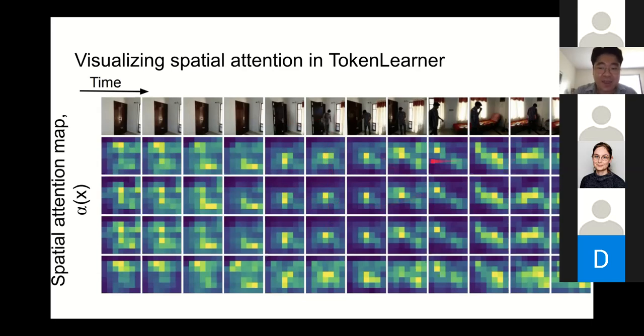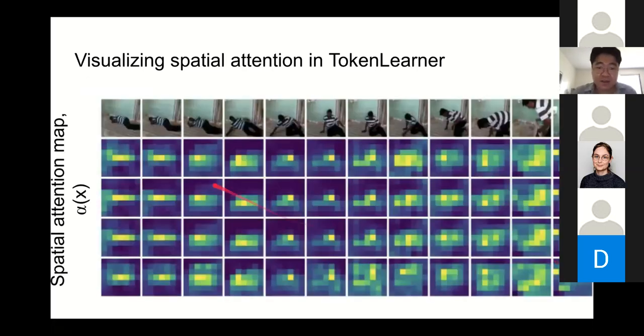And when the person is doing some activity like interaction with the couch or the bed or the table, I don't know exactly, it also tries to focus on some object-related regions, which is promising. It changes over time. Another example is a person standing up, and you're able to see that initially it's trying to focus on the spatial regions close to humans, and then as the person stands up, it gets larger, and yeah, you're able to see some trend.